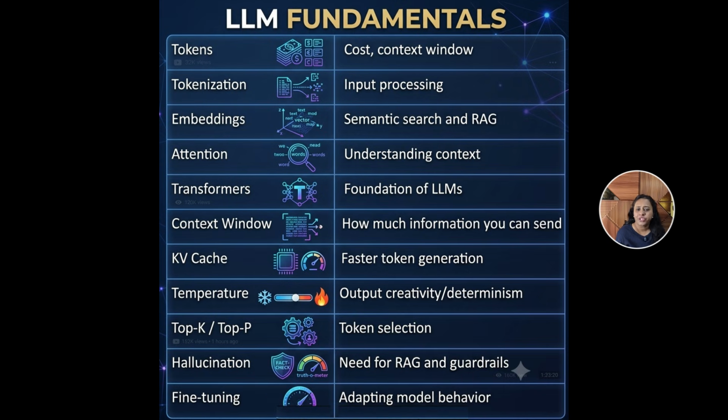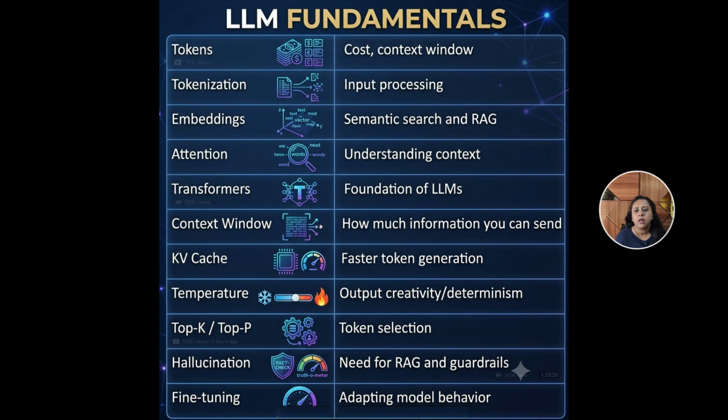Now the question arises: why do we need LLM fundamental knowledge, and where does it matter in production? These concepts are not just theory, they directly affect how we design and debug a GenAI application. If your API cost is high, you need to understand tokens. If your chatbot is forgetting earlier information, then we need to understand the context window.